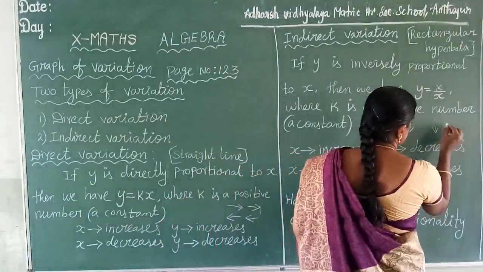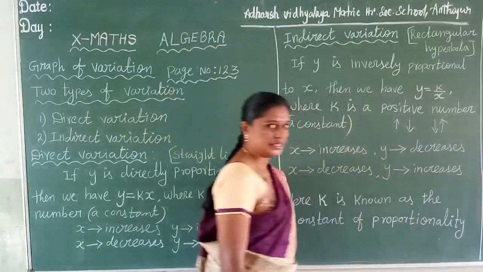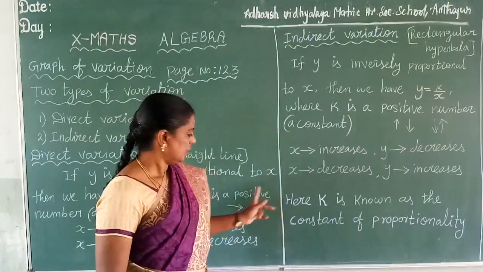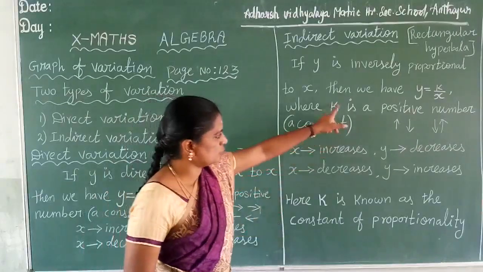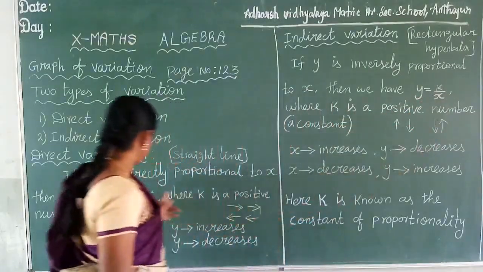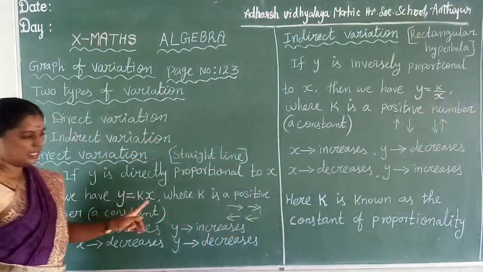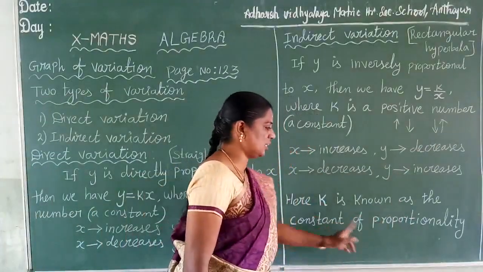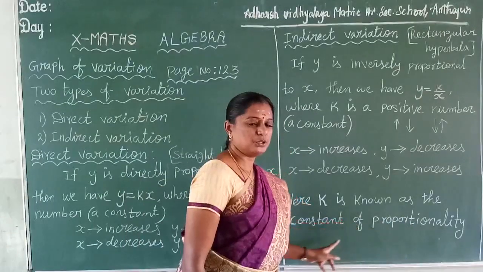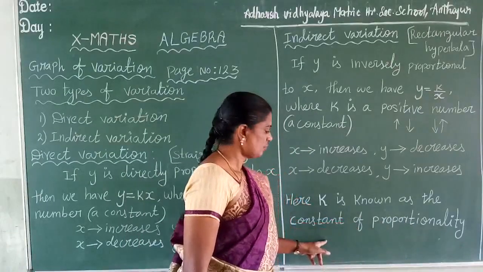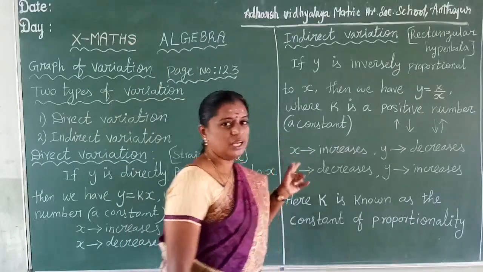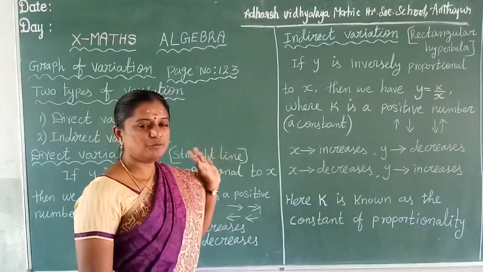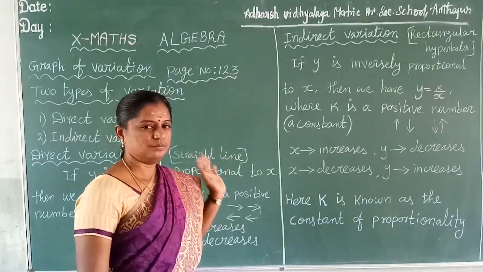In these equations, y equal to k by x and y equal to kx, k is known as the constant of proportionality. This is a very important topic in graphs. Using these two types, we will discuss a few problems.